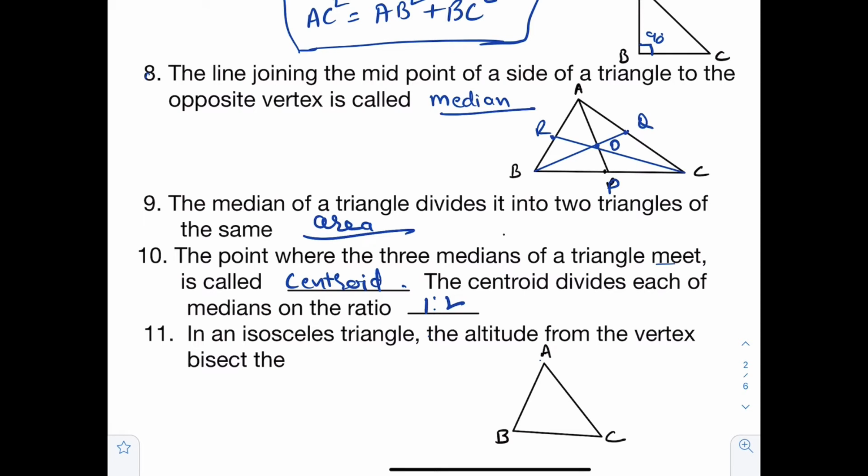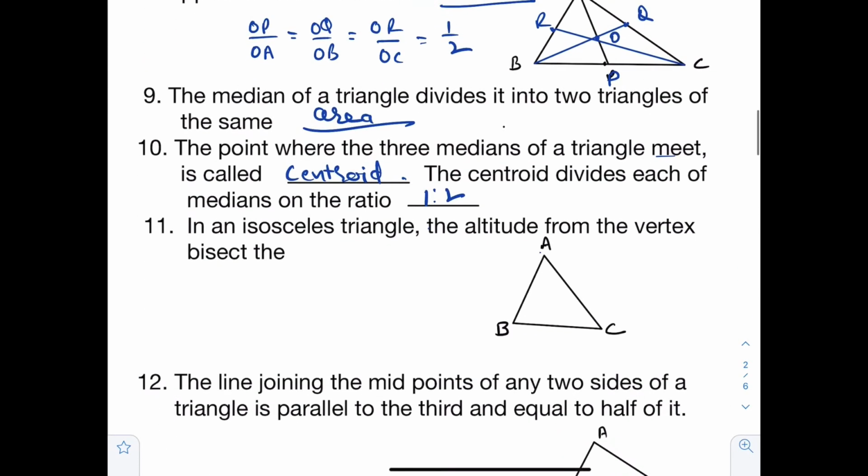It means OP upon OA equal to OQ upon OB equal to OR upon OC equal to 1/2. Now 11th one. In an isosceles triangle, the altitude from the vertex bisects the base.